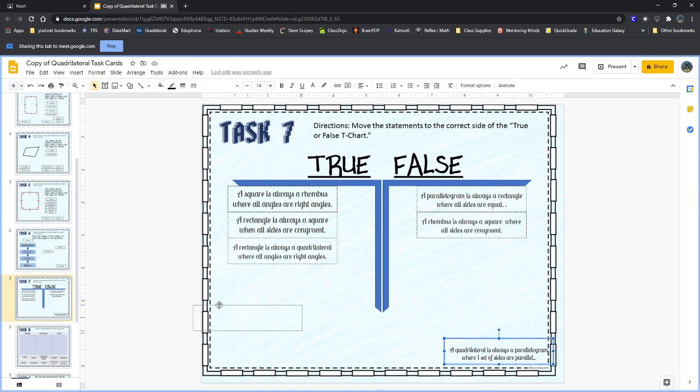Okay, I've got one last statement. A quadrilateral is always a parallelogram where one set of sides are parallel. Is this a true statement or a false statement? Kylie, what do you say? True or false?